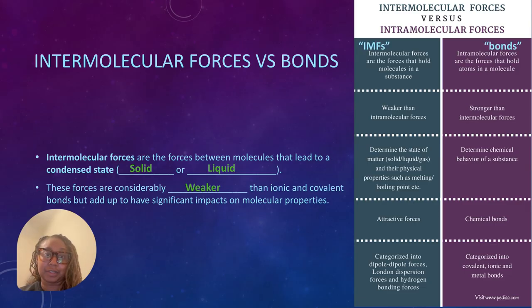So IMFs versus bonds. We've already talked about intramolecular forces. Remember, intra basically means inside of, so it's literally what's holding the molecule together, versus inter, which is how molecules interact with each other.